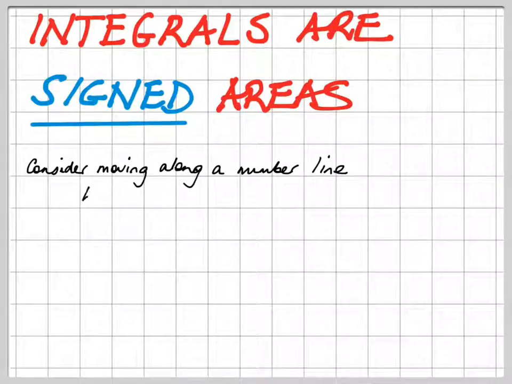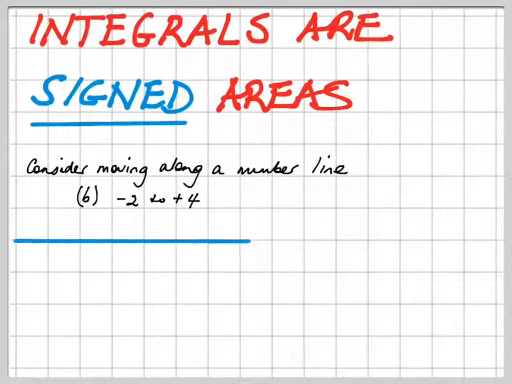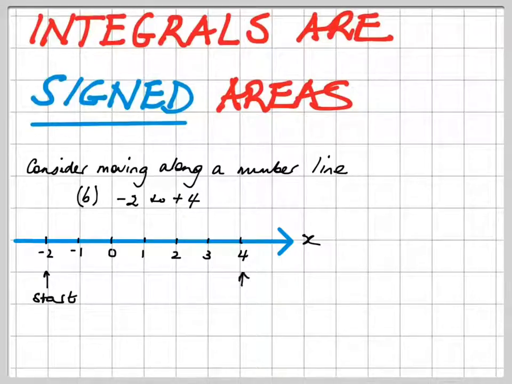Now, let's talk some more about this. We're going to do another one. We're going to go from minus 2 to plus 4 this time. Now, let's do it all again. It's very important. There's our number line, and we're going to go from there to there. Now, come on, you think about it. What is the sign and what is the distance? Okay, good.